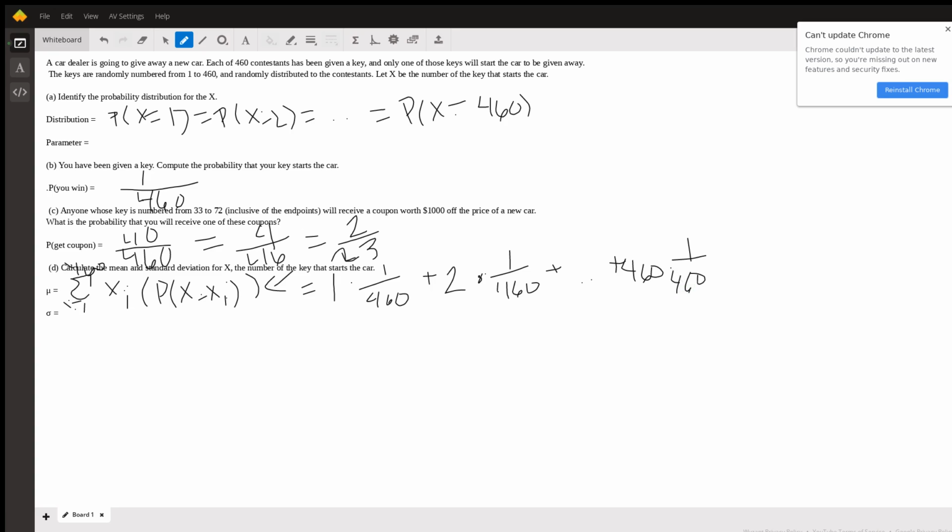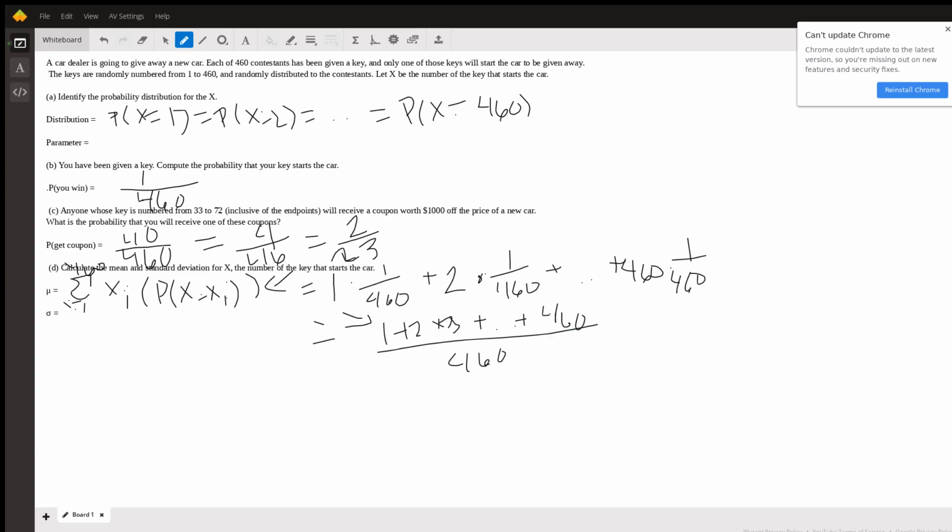So you're going to multiply all of that out and add it up. You'll see that this can simplify to 1 plus 2 plus 3 plus all the way up to 460, divided by 460. If that helps to plug it in, you can also find a formula for that sum and then just divide by 460.